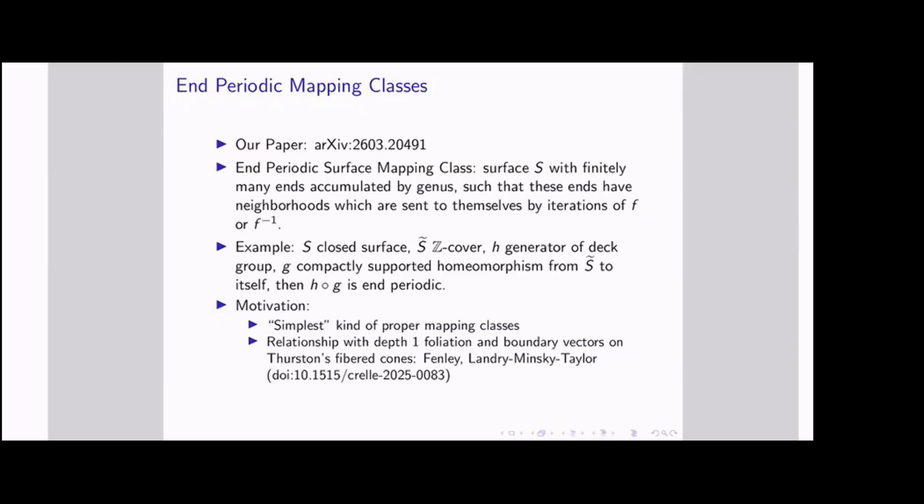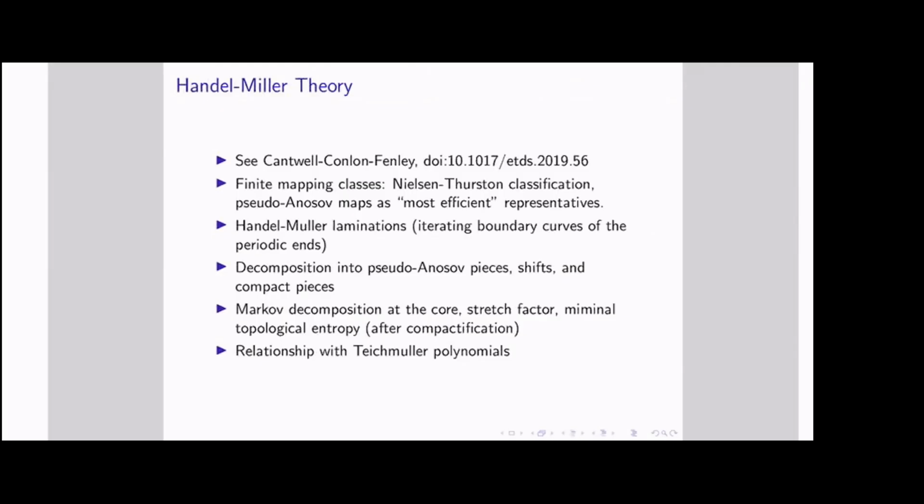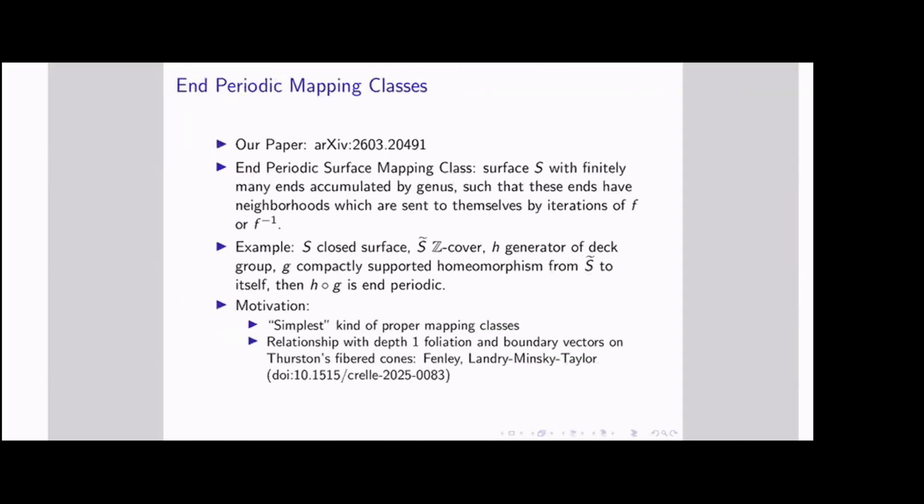For Thurston's fibered cone, there's the whole theory of the Teichmüller polynomial and also the Alexander polynomial. So we can relate the Handel-Miller theory, in particular the Markov decomposition and the stretch factor for pseudo-Anosov end-periodic mapping classes, with the Teichmüller polynomial and the Alexander polynomial. This is also work that we can see from the long paper as well as the work by Landry-Minsky-Taylor.